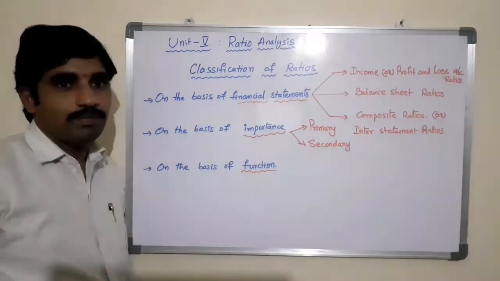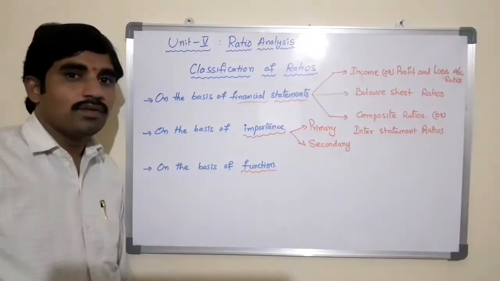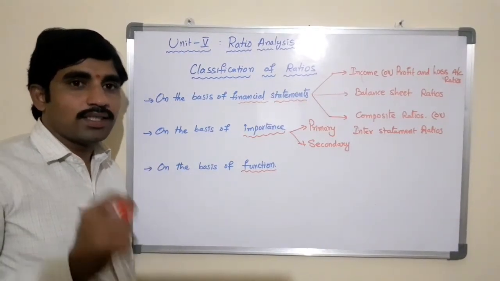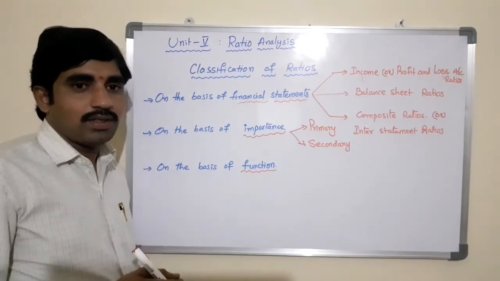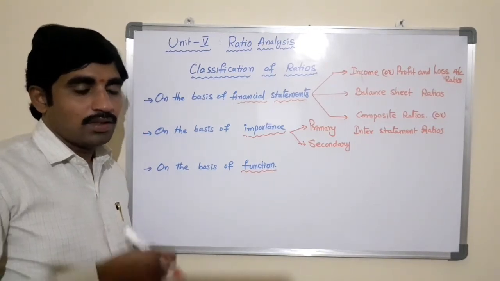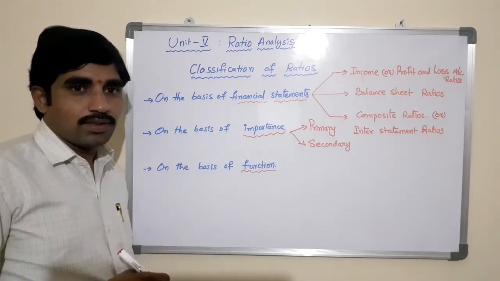Secondary ratios are usually used to explain the primary ratios. Examples of primary ratios for a commercial undertaking are return on capital employed ratio, net profit ratio, gross profit ratio, and solvency ratios like debt equity ratio and total assets to proprietors funds ratio.